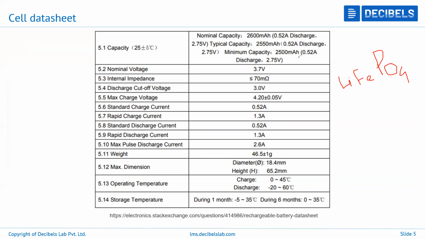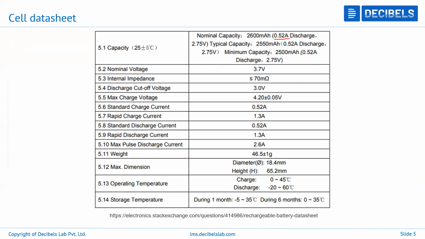And so first and foremost, we'll start off by looking at the nominal capacity. The nominal capacity is the capacity of the cell that is obtained if you discharge the cell at 0.52 amps. Okay, so this is called nominal discharge current.